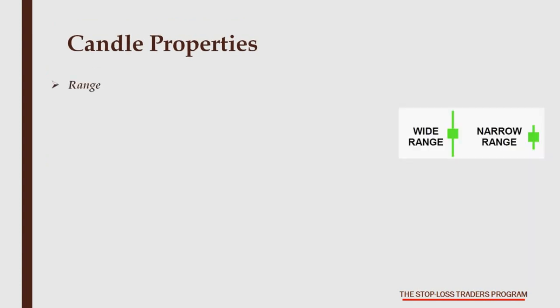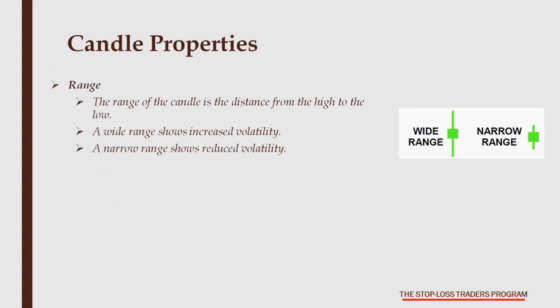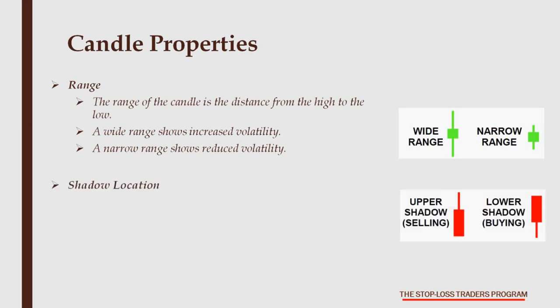Then comes the range, wide range and narrow range, that is the high minus low. So the range of a candle is the distance between the high and the low. A wide range candle shows increased volatility, while a narrow range candle shows reduced volatility. All right. And then comes the shadow location.